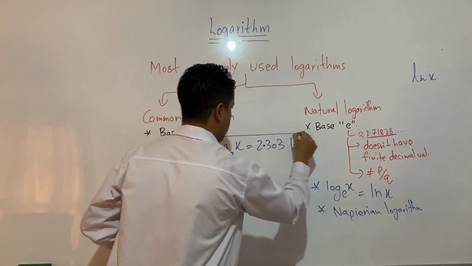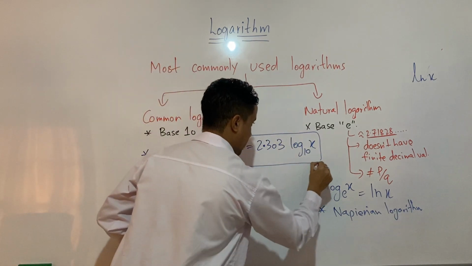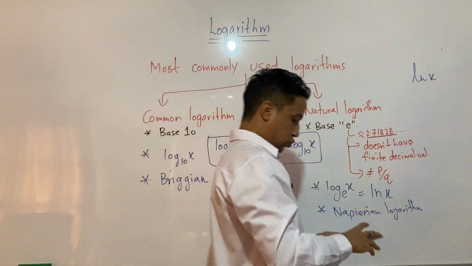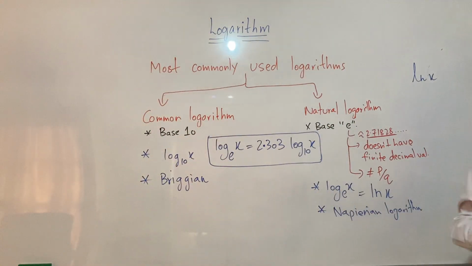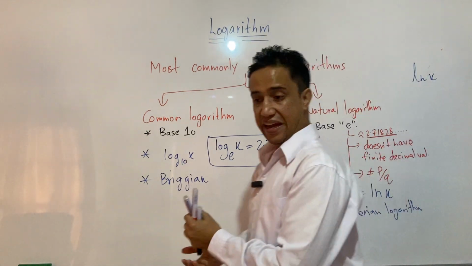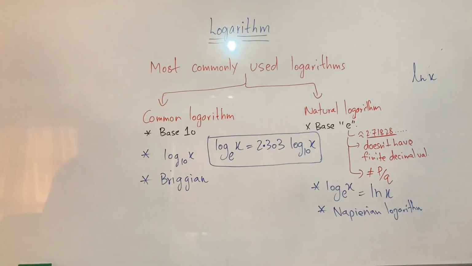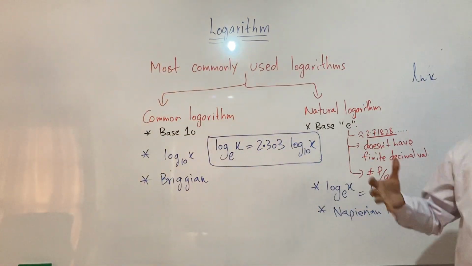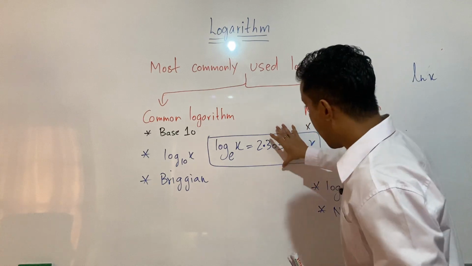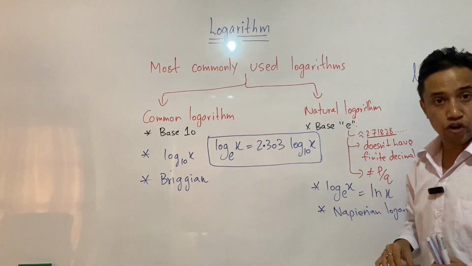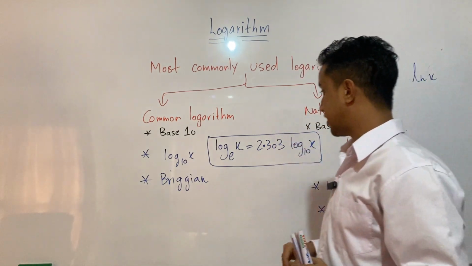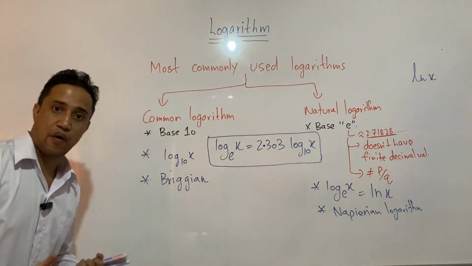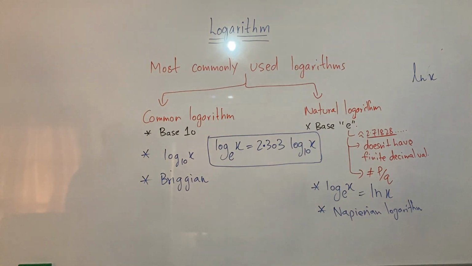This is very important, especially when you deal with logarithms in chemistry. When you have to find out the pH, you have to use this conversion formula, but you have to understand how this has been derived. So just have a look.